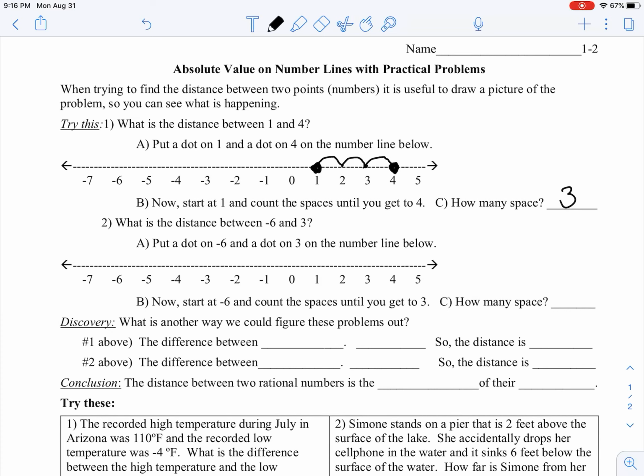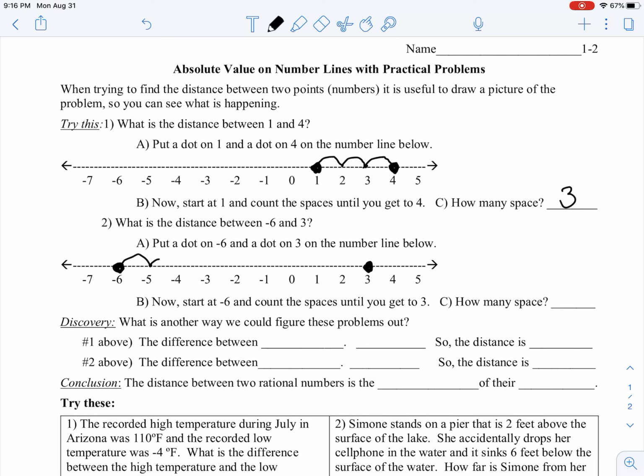So now let's try another one. It's asking us what is the distance between -6 and 3. Same type of deal. We're going to put a dot on -6 and another dot on 3 on our number line here. And once again, we just start counting from -6 until we get to 3 and see how many spaces that's going to be. So we're just counting our whole numbers on the way.